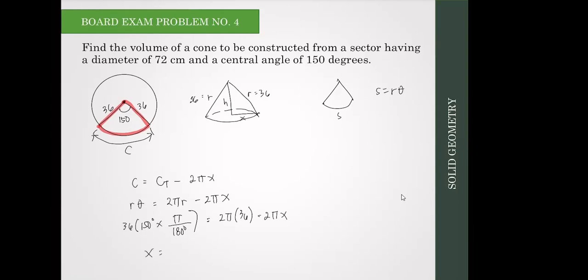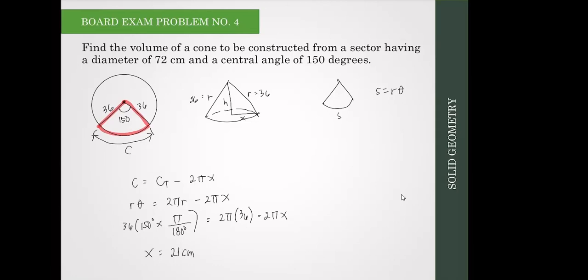So, we have 36 times 150 times pi over 180. So, sabihin 2 times 36, yung 72 pi minus yung answer na yon, divide natin ng 2 pi. So, that is 21 centimeters.